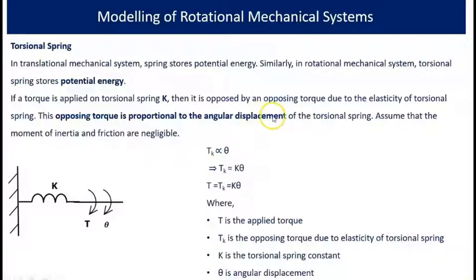So this opposing torque is equal to K theta, where K is the torsional spring constant. In the translational system, the restoring force is equal to K into x, where x is displacement. Here it is equal to K into theta, where theta is the angular displacement.